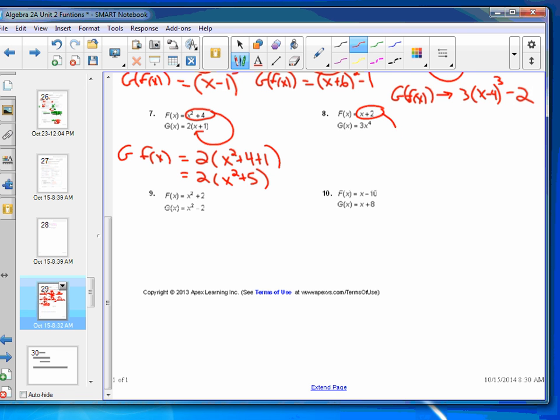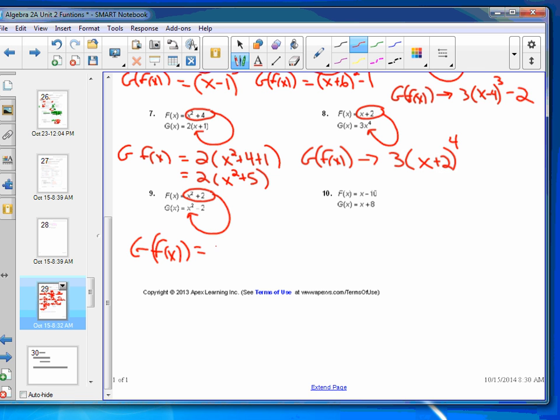G of f of x, so if I put that in for x there, g of f of x is equal to 3 times, and you're just going to do x plus 2 instead of the x. You're going to replace it and say that's to the 4th. Done. So g of f of x is equal to x squared plus 2, and then that's squared because that just went in here, and then minus 2.